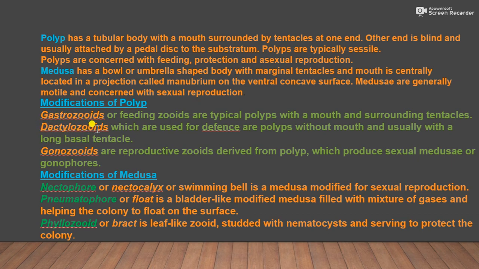Gastrozooids, also called feeding zooids, are typically polyps with a mouth and surrounding tentacles. Dactylozooids, which are used for defense, are polyps without a mouth and usually with a long basal tentacle. The third modified polyps are the gonozooids, reproductive zooids derived from polyps, which produce sexual medusae, also called gonophores. All these three are modified polyps.